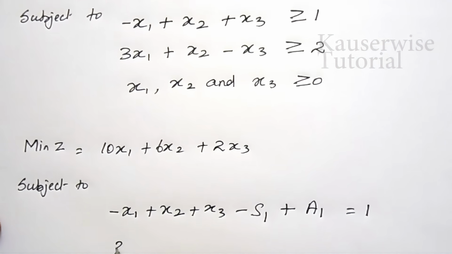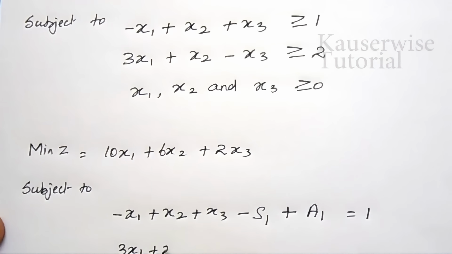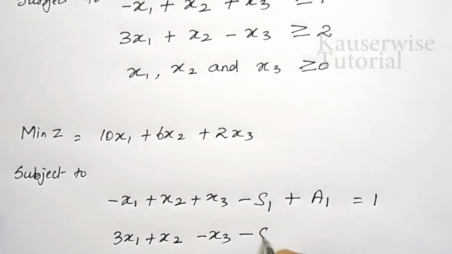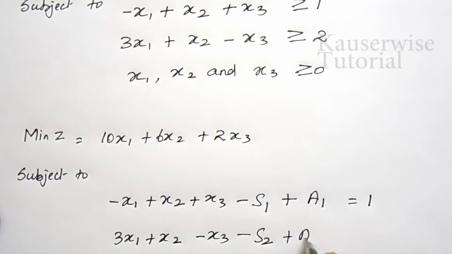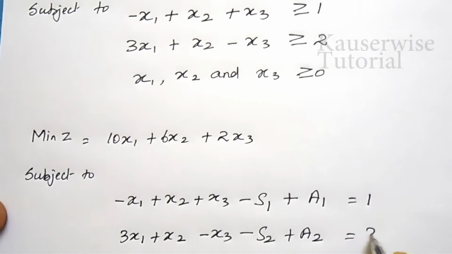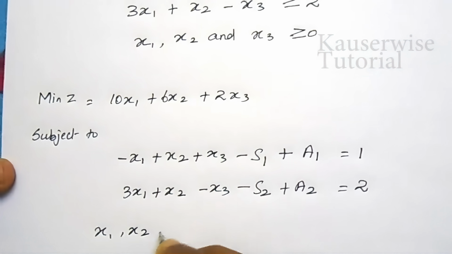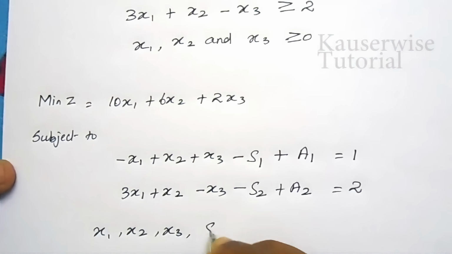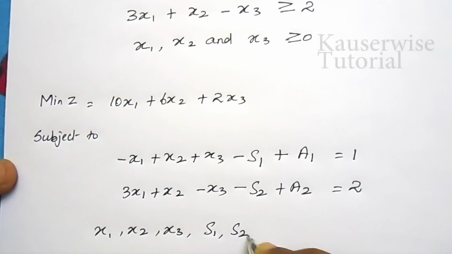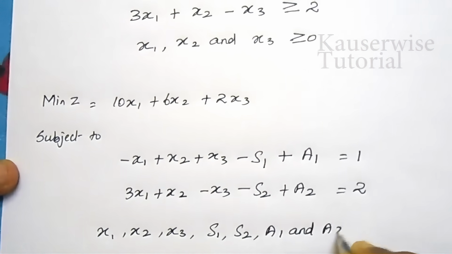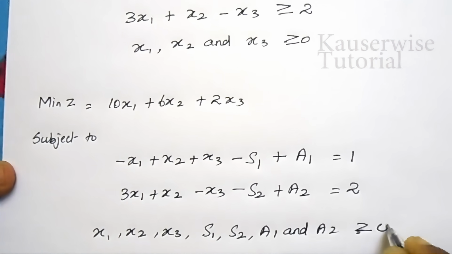Second constraint, 3x1 plus x2 minus x3, subtract a slack variable and add an artificial variable, is equal to 2. And x1, x2, x3, s1, s2, a1 and a2 greater than or equal to 0.